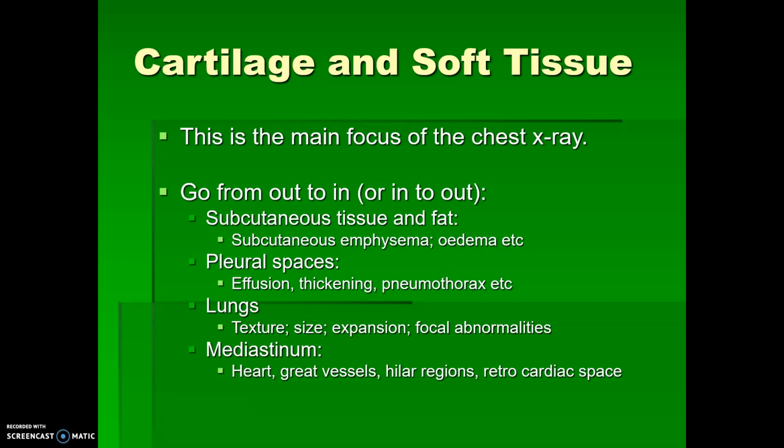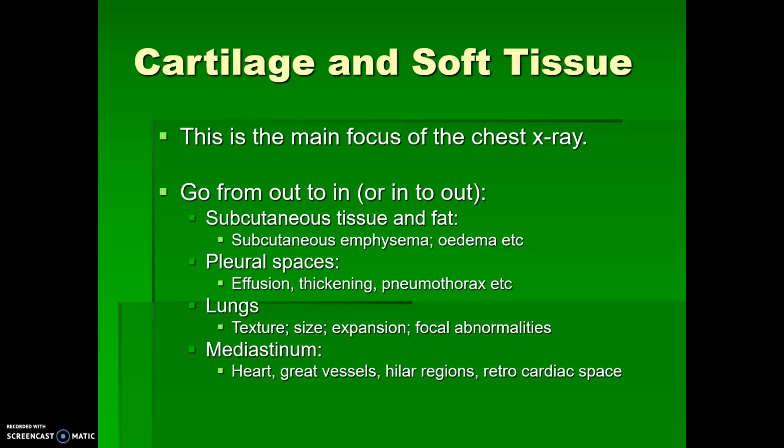The main focus of the chest x-ray is the cartilage and soft tissue, and you need to look at it systematically. Either go from inside to out or from outside to in. I actually prefer going from inside to out, but when you do that, remember to look all the way out to the soft tissues of the chest before giving a full interpretation. So start with the mediastinum, look at the heart, the great vessels, the hilar regions, and the retrocardiac space.